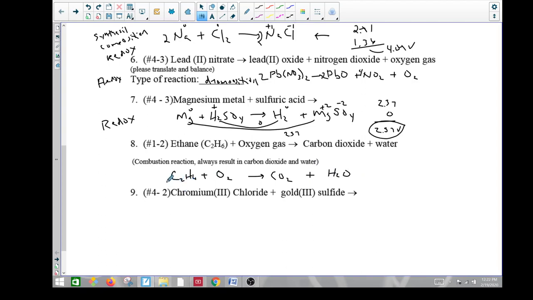So balancing wise is 2, 7, 4, 6. And that is a redox reaction, but we do not have any voltages for this one. The name for this would be combustion.